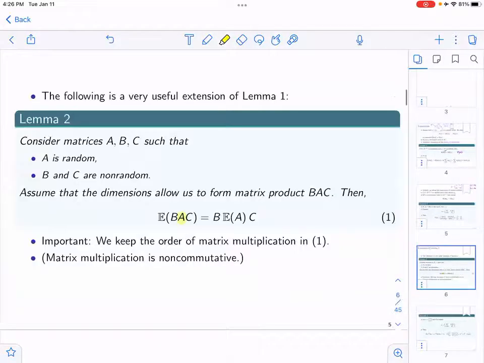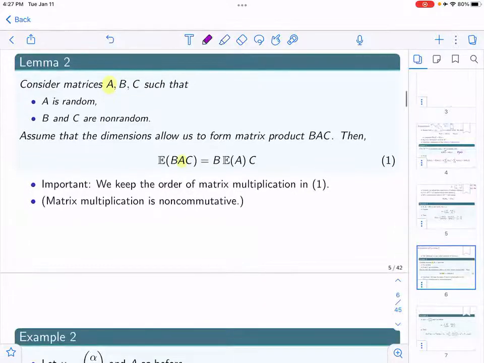Okay, questions? No, so A is a matrix. Suppose I have a 2 by 2 matrix times a 2 by 3 matrix times a 3 by 1 matrix, which could be a vector or anything.